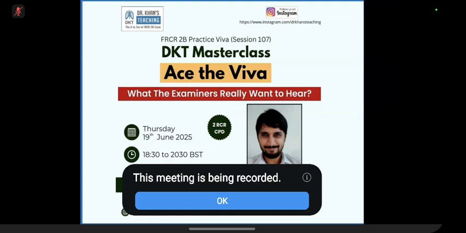You are not allowed to miss any safety finding. You need to develop a habit of checking for safety findings. Last but not least, follow a structured approach, and finally conclude your viva with the management. So these are important things.